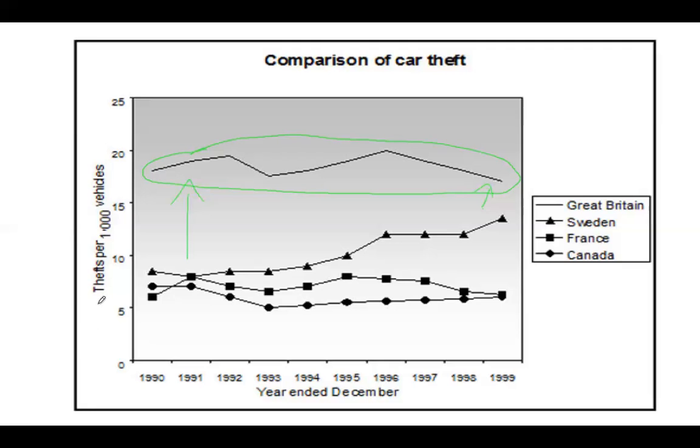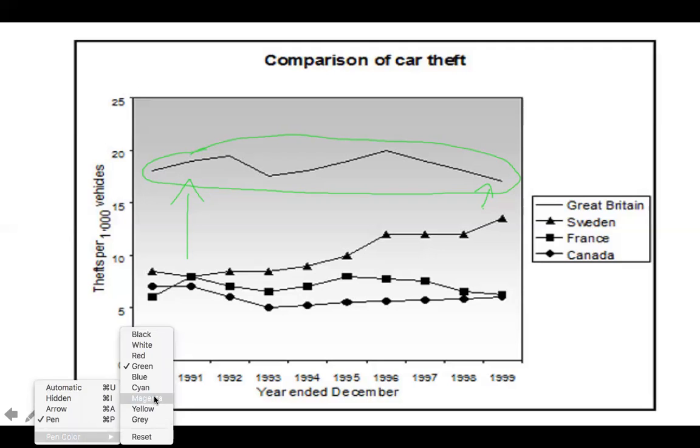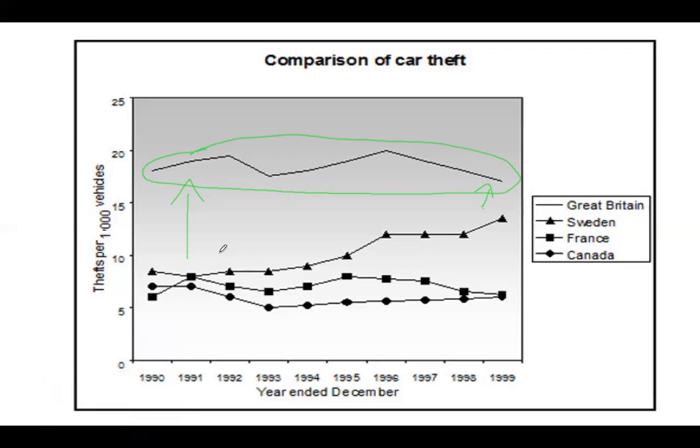Okay, second thing, the most obvious thing that I can see, let me pick another color. So the second thing I can see is Sweden. Yep, Sweden. It had the highest increase.